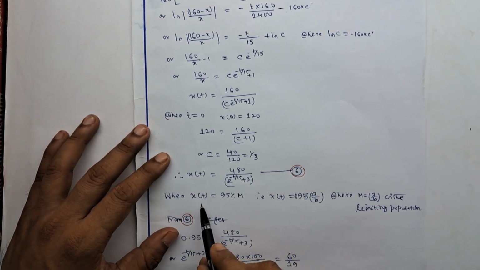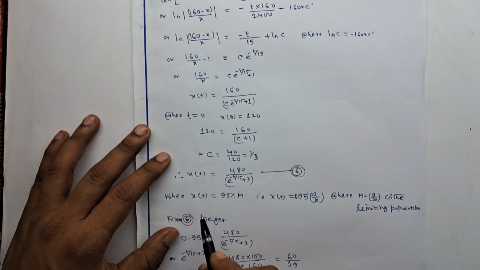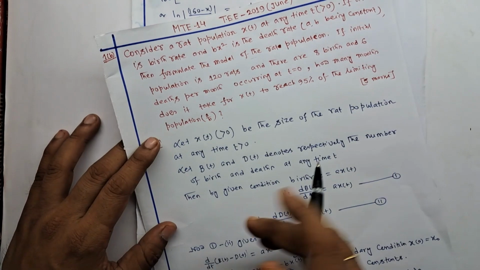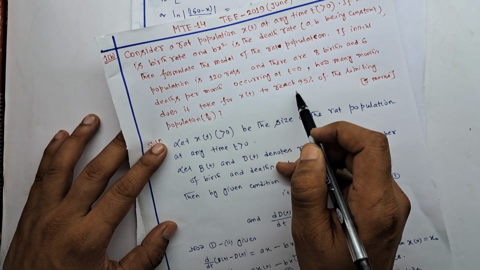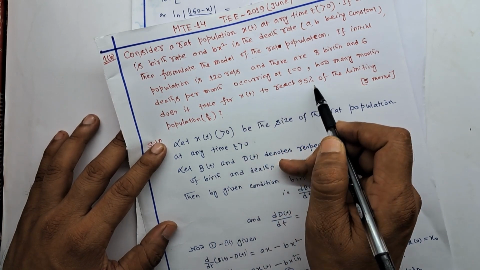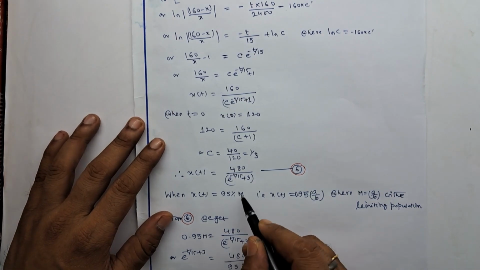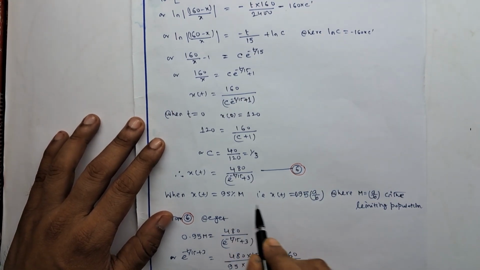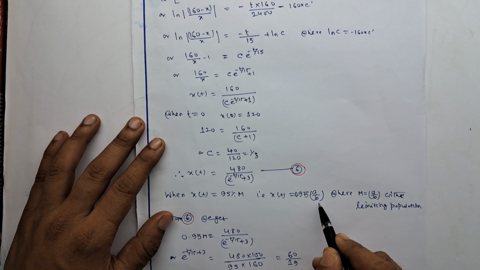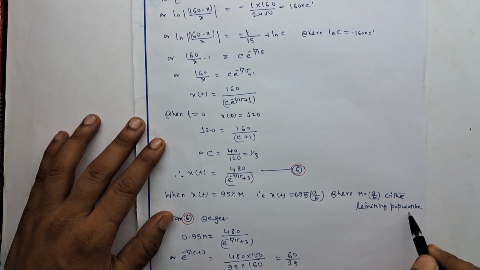Now when x(t) equals 95% of m, because here it is asked to find when x(t) reaches 95% of the limiting population. So m is nothing but the limiting population, and 95% of m, that is x(t) equals 0.95 m, where m equals a by b is the limiting population.